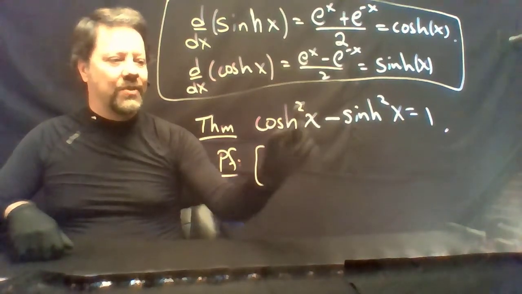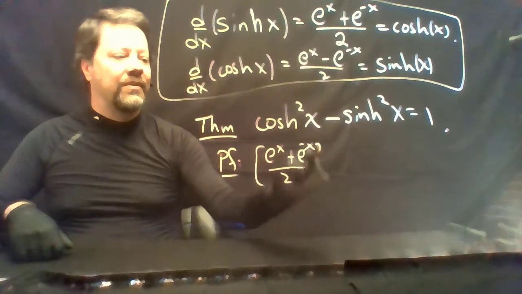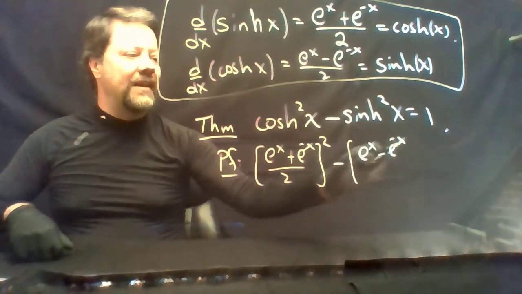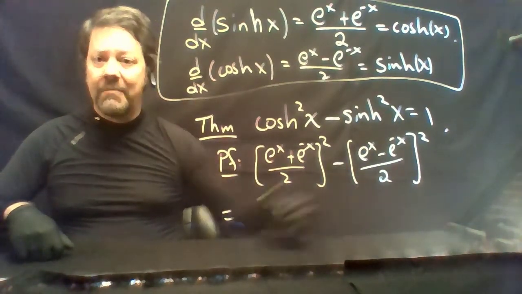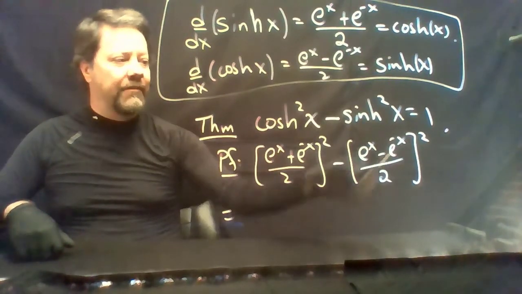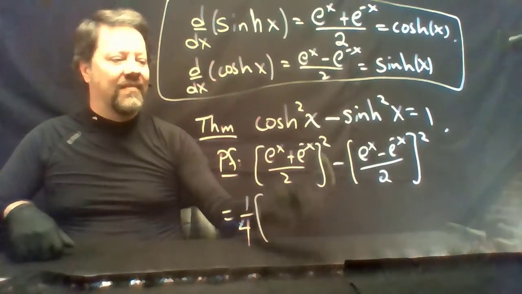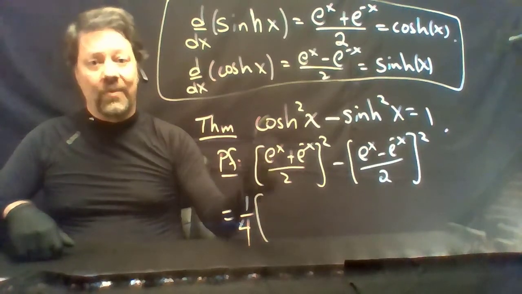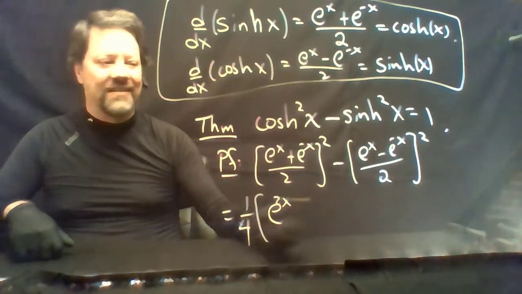Let's start with cosh squared, that's e to the x plus e to the minus x over 2 squared, minus e to the x minus e to the minus x over 2 squared. If this ends up being 1, the theorem is proved. We'll have a denominator of 4, so I'm going to factor a 1/4 out. When we square this first binomial, we'll get the e to the x quantity squared, that's e to the 2x, because you multiply those exponents.